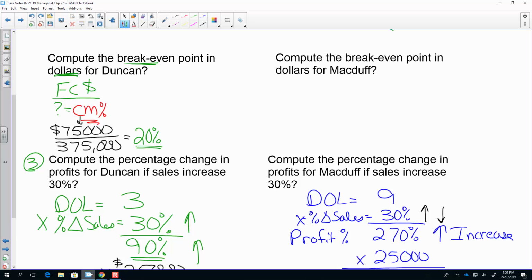Our fixed cost for Dunkin', from the margin statement, is 50,000, divided by 20%, 0.2, right? Our break-even in dollars is how much? 250,000.